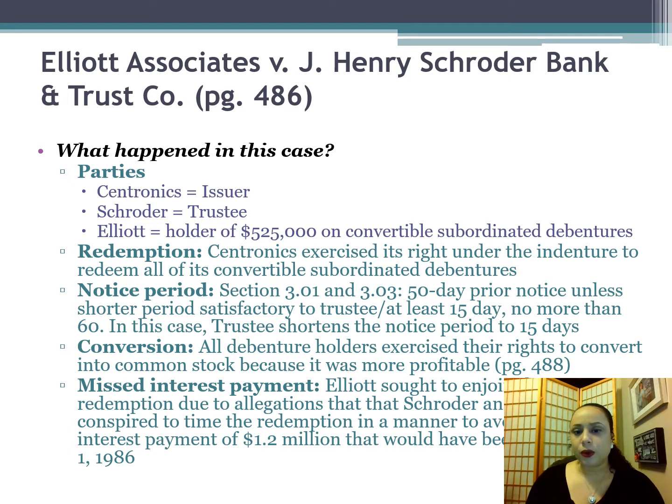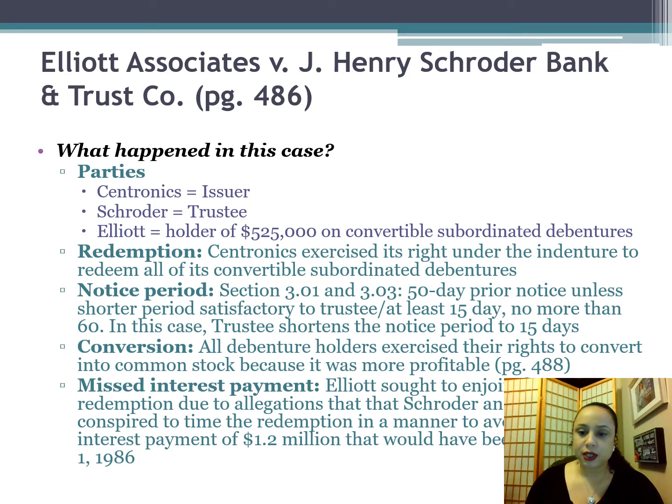Under 3.03, that period that the trustee determines is more satisfactory has to at least be 15 days and no more than 60. And so in this case, the trustee shortens the notice period pursuant to these provisions to 15 days, right? And so our bondholders receive notice on May 1.